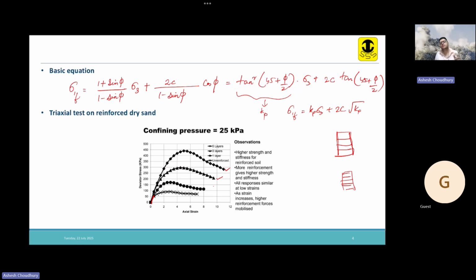If the strain is low, at that time the forces in these reinforcements are not yet mobilized. So hence all these curves behave the same in the initial portion. But as the strain increases, the strength of the reinforcement gets mobilized. As this mobilization happens, you can see that there is a differentiation between these stress strain plots.